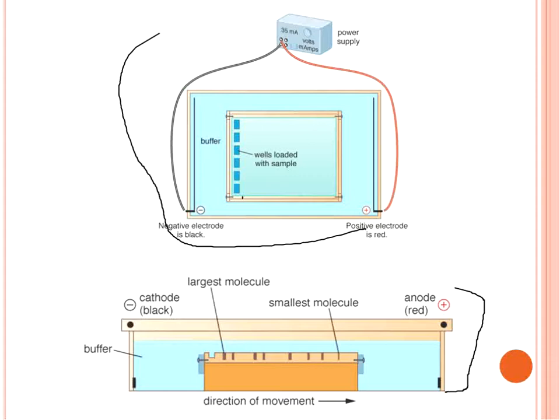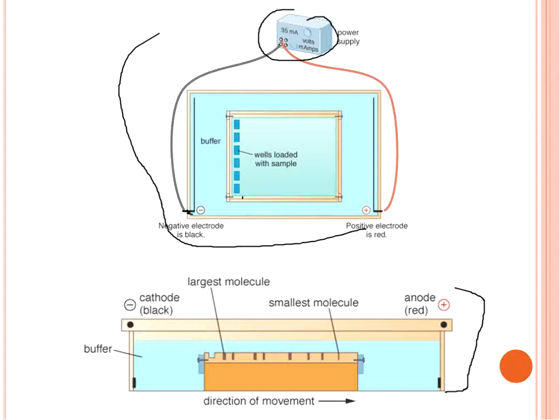They are in a buffer, and you have the power supply, which is the negative electrode is connected to the negative side of the power supply, positive to the positive side.